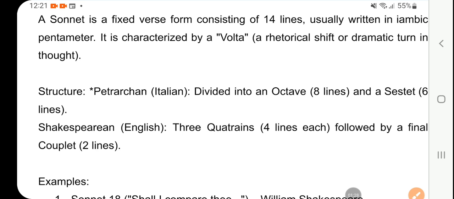That is called volta. So three things you have to remember for sonnet. What is sonnet? Sonnet is a fixed verse consisting of 14 lines, written in iambic pentameter, characterized by a volta, meaning a rhetorical shift or dramatic turn in thought.